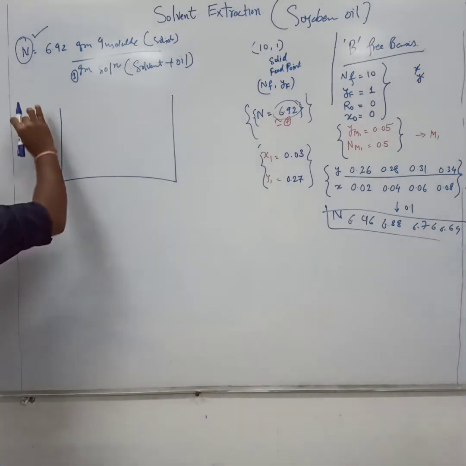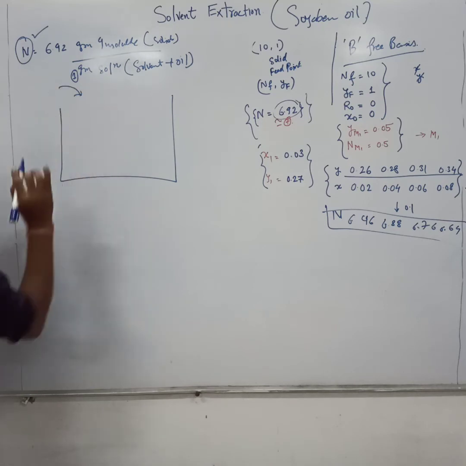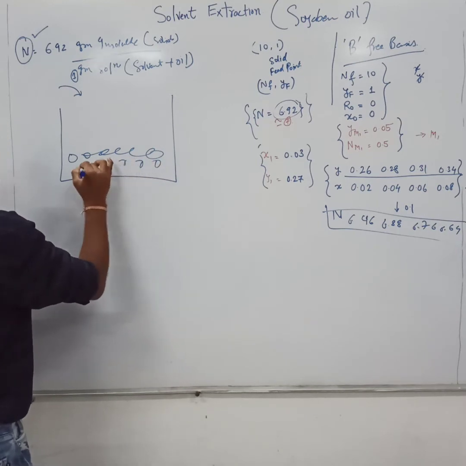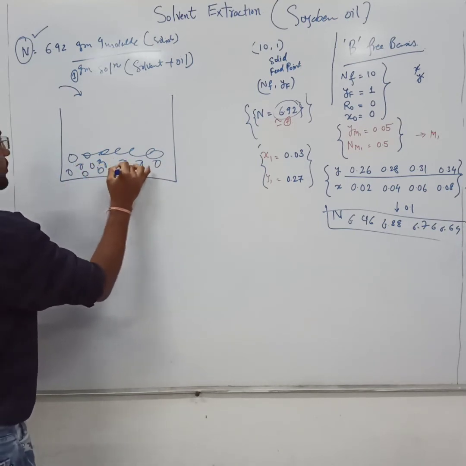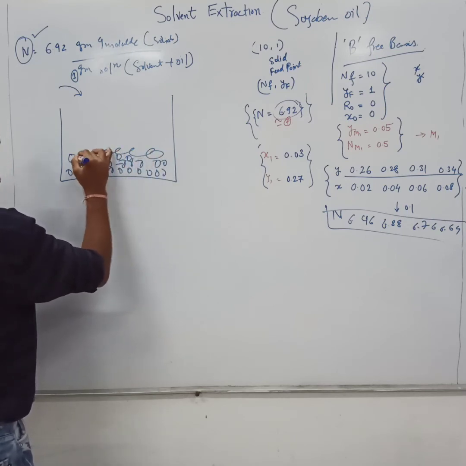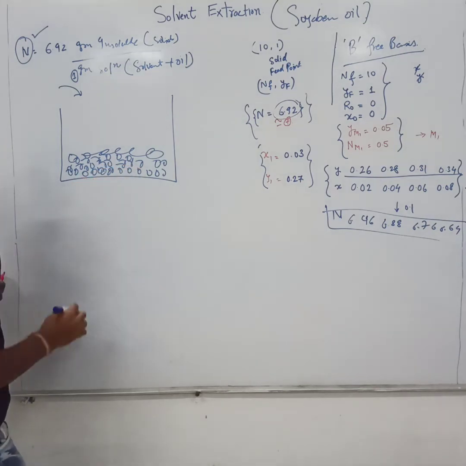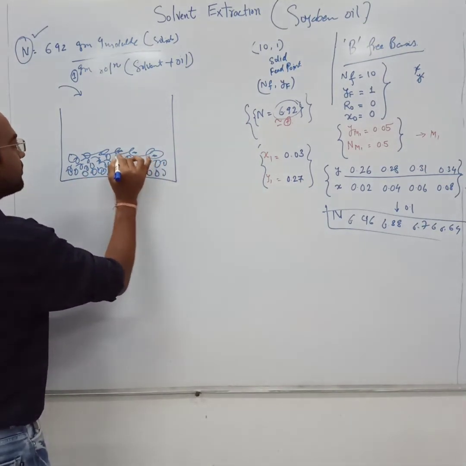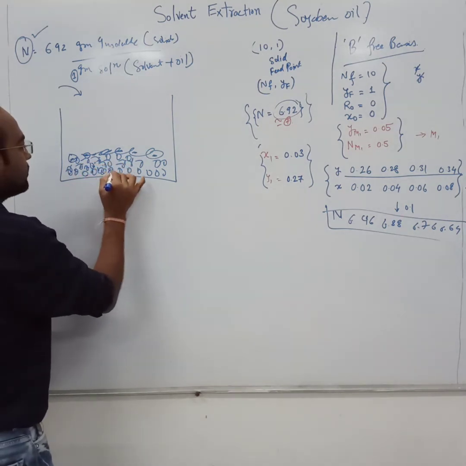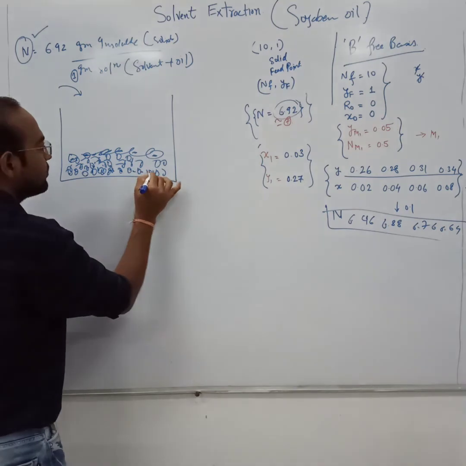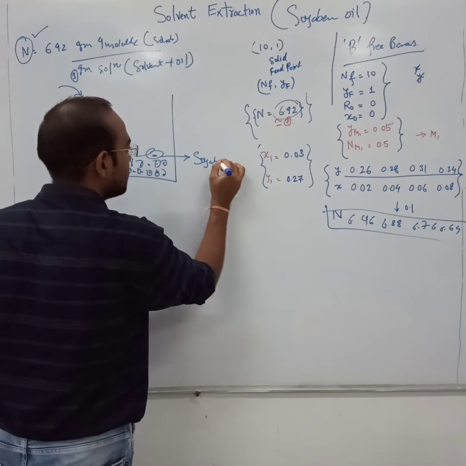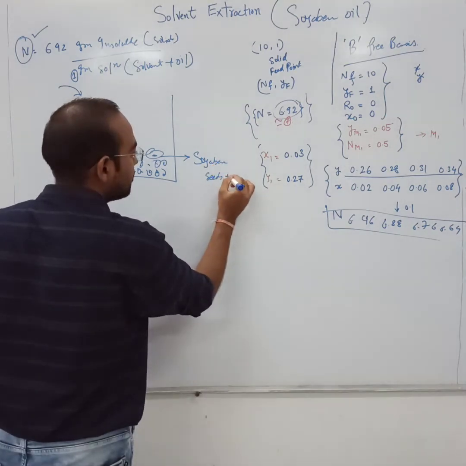Initially you put all the seeds in. These are all your soybean seeds, which contain a small amount of oil. This is your soybean seeds plus oil.